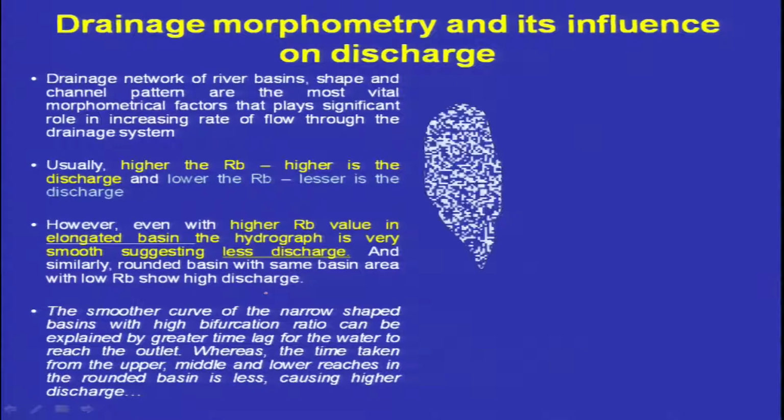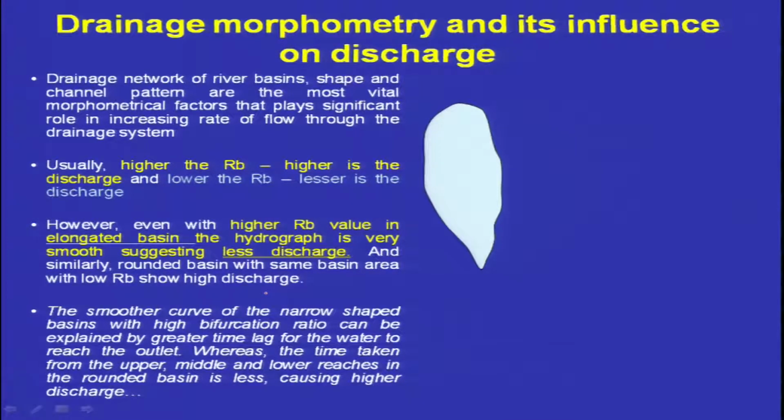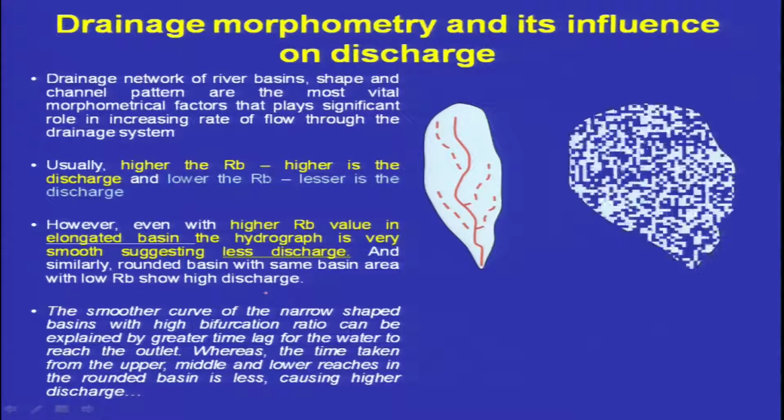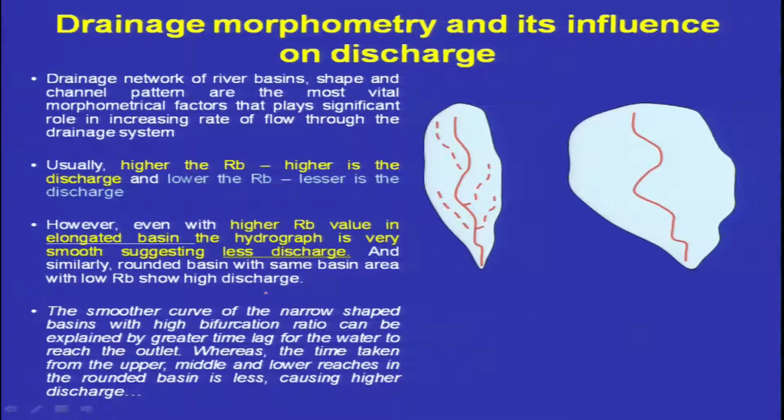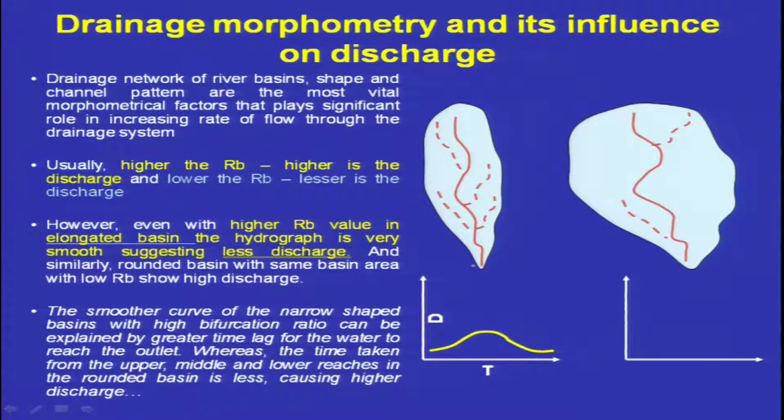The reason is here, for example, you have the elongated basin where the RB value is quite high, that is, the bifurcation ratio is quite high, and this is your hydrograph. Okay. So if you look at this one here, the bifurcation ratio for this elongated basin is almost 10.